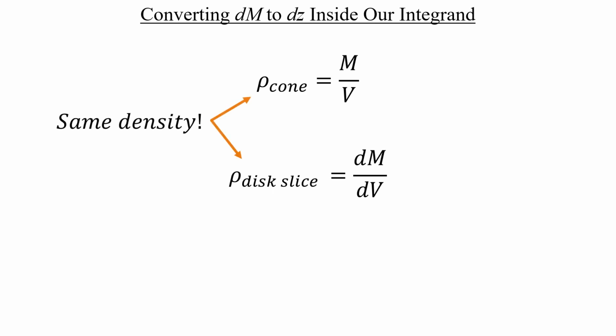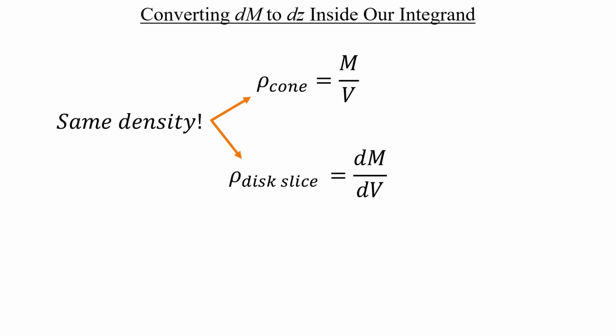It actually has the same density as the cone. Now, how do we know that? Well, if you take a chunk out of something that has a uniform density, then the chunk will contain the same density as well. It's really that straightforward.